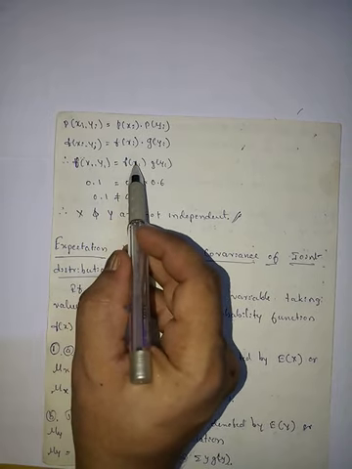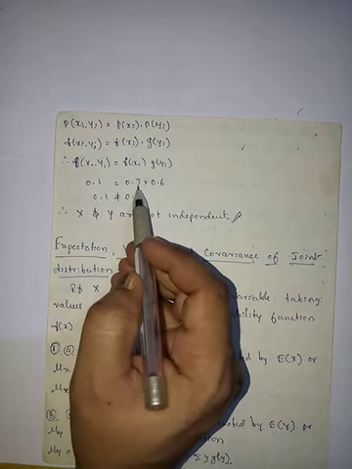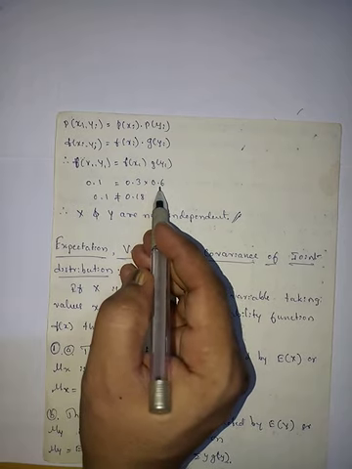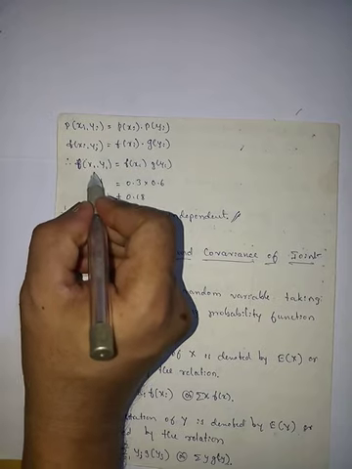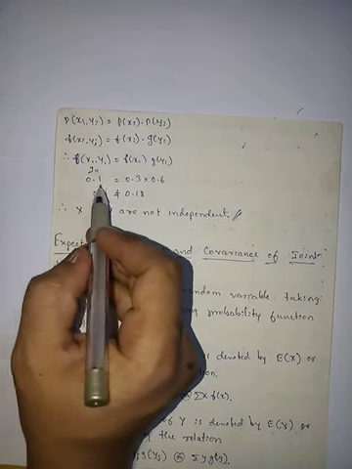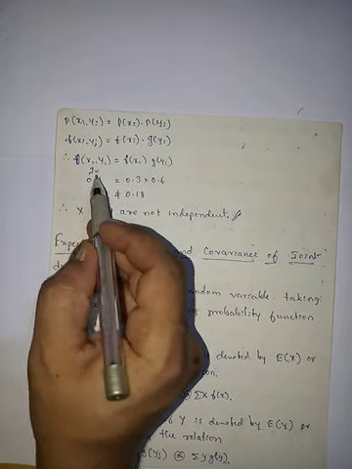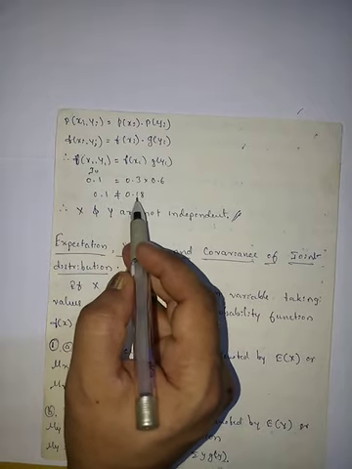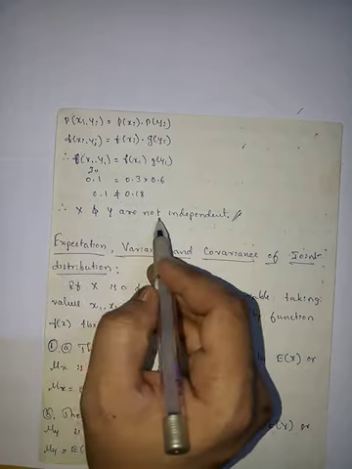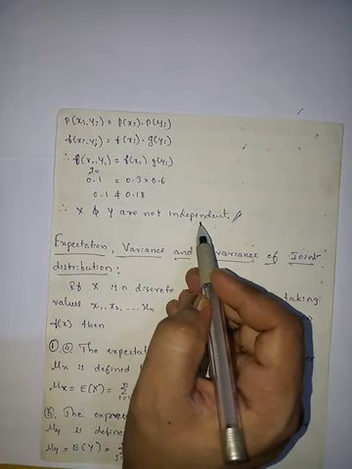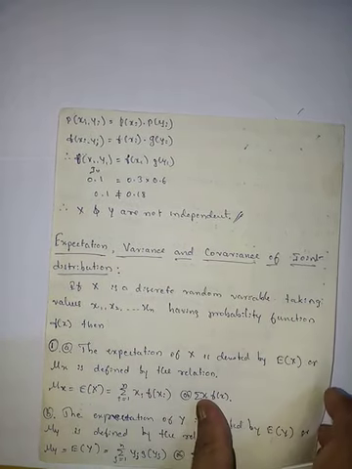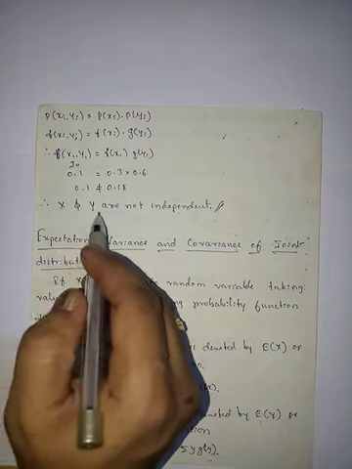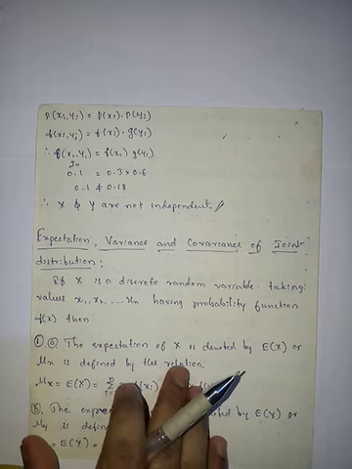F of x1, the marginal distribution, is 0.3, into g of y1 from the table, 0.6. And this is compared with j11, which in the table is 0.1. This product is 0.18. As these are not equal, x and y are not independent, so they are dependent. This is the way we verify the random variables.